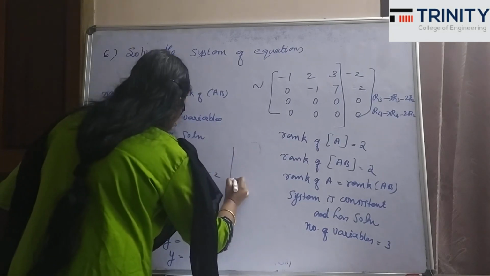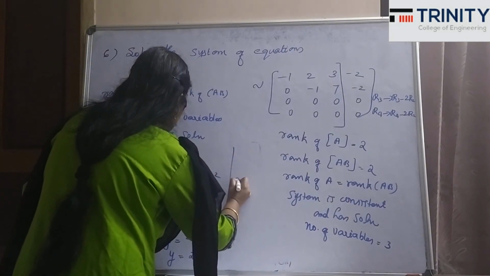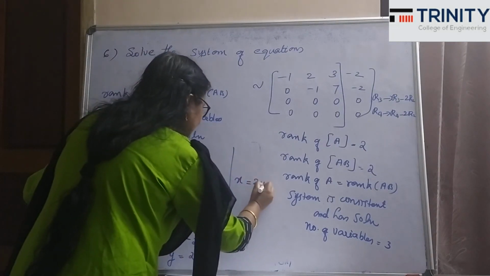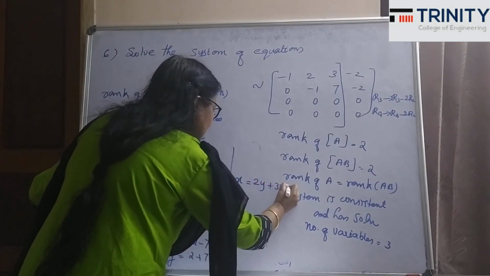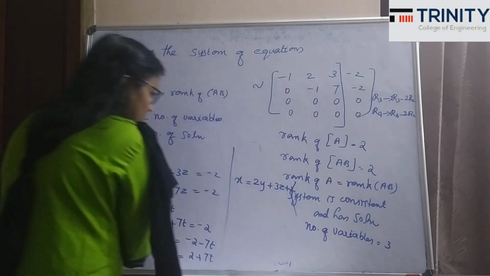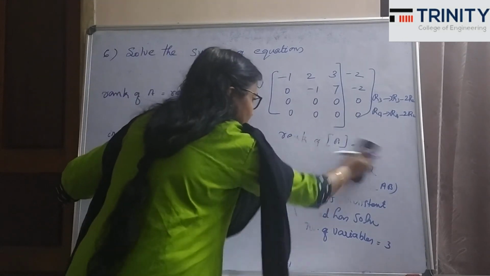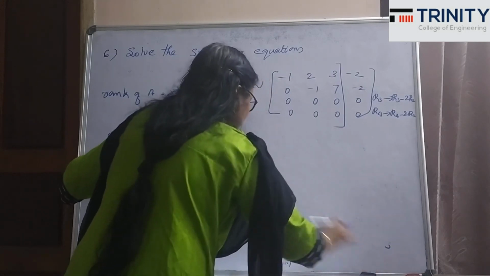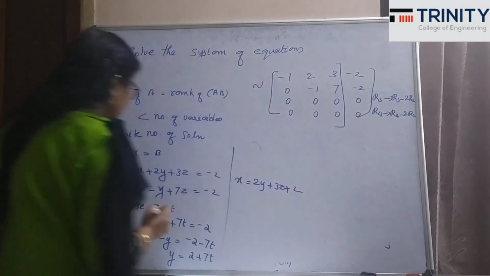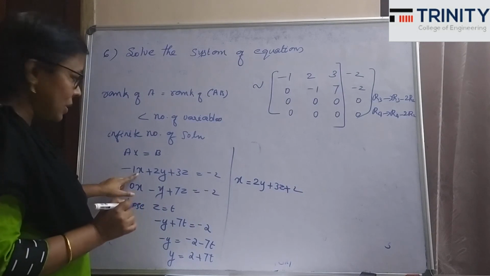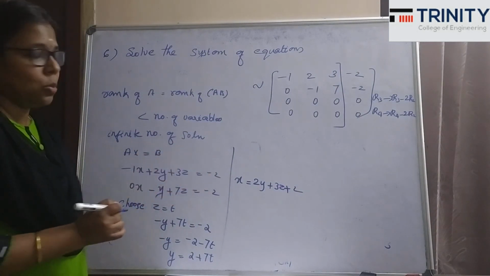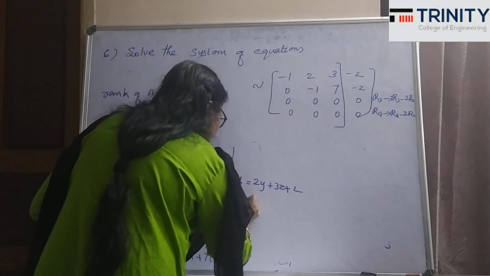Then what is x? That is x equal to 2y plus 3z plus 2. Here from the first equation, x equal to 2y plus 3z plus 2.